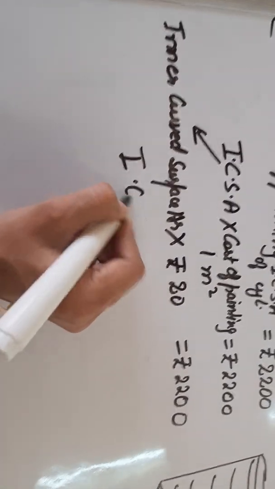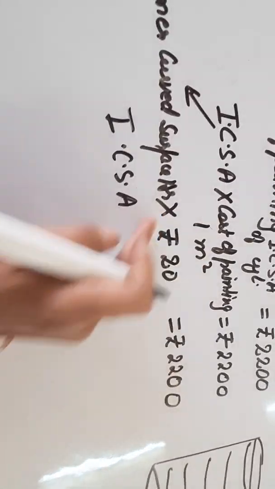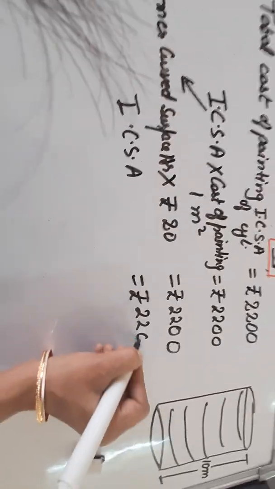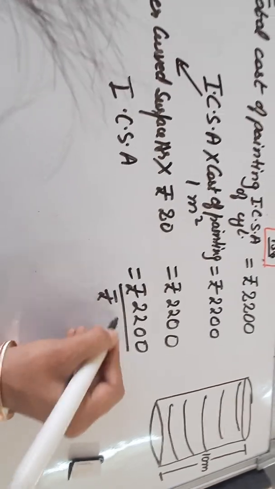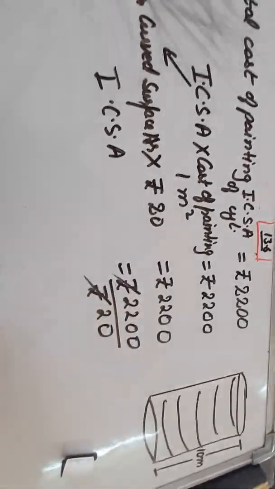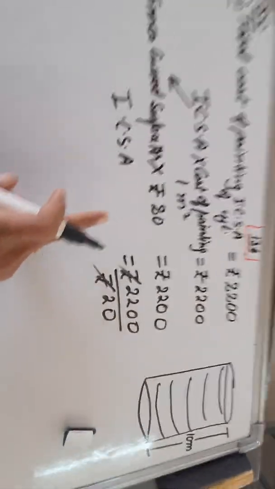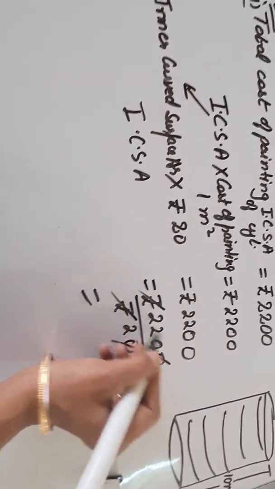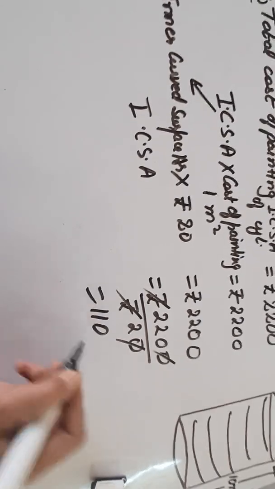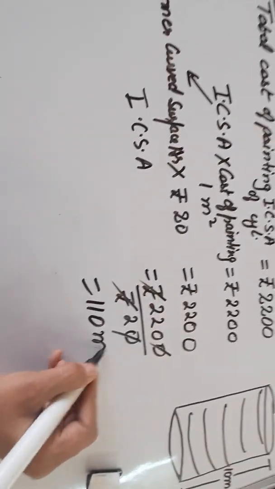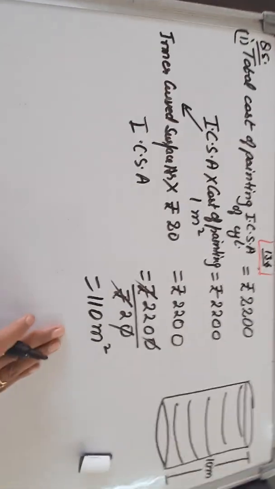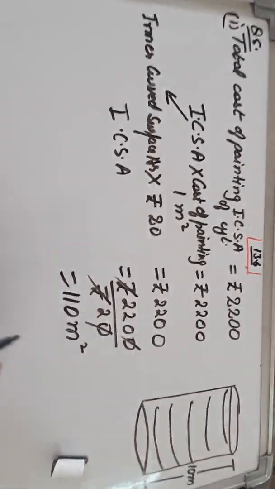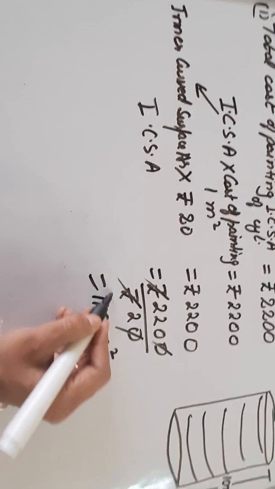Inner curved surface area, this is multiplied, it goes in the denominator when you cross multiply it. Rupees 20, so rupees will cancel out because now we are getting the inner curved surface area. So what is the value? It is 110 meter square, the inner curved surface area to be painted with this cost. So this is the first part.